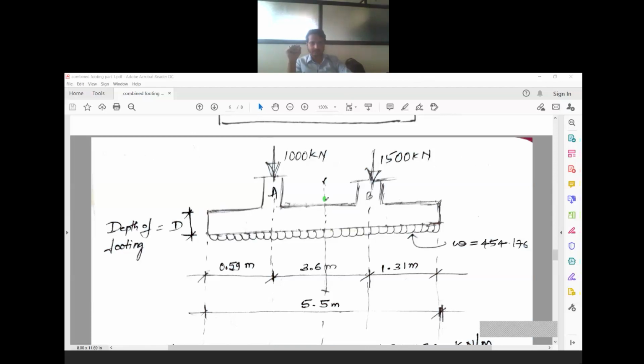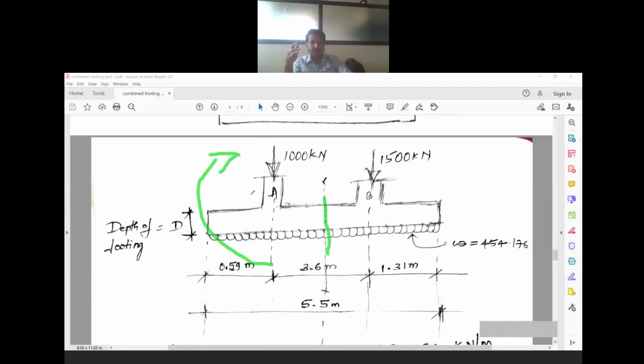See, so this is the section. From this section, I am considering the moment value. Either I can go for left hand side or to the right hand side, whichever is preferable for you. See, I will consider left hand side. To the left hand side, for the length of 1.6 plus 0.59, I have 454.176 as UDL acting upwards, which will cause it to rotate clockwise.